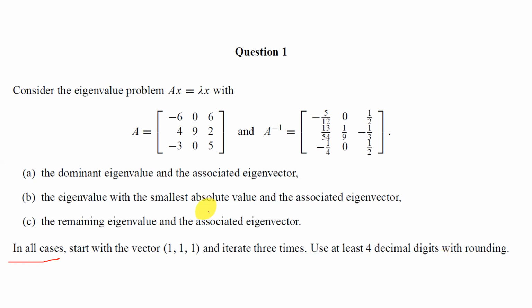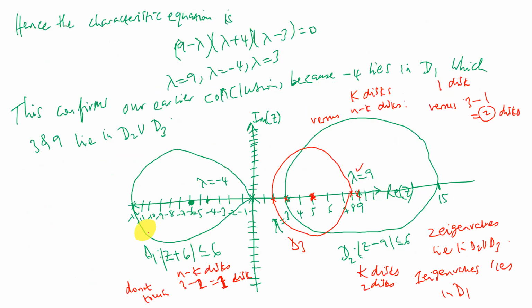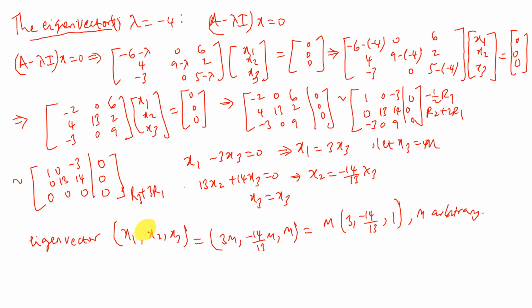I think that I will have to finish this question. Let's just push it if we can to finish this question, just to make sense of this method in view of the dominant, the smallest eigenvalue, and the remaining one. Okay, would have done justice enough to this method. Okay, it's a bit lengthy.